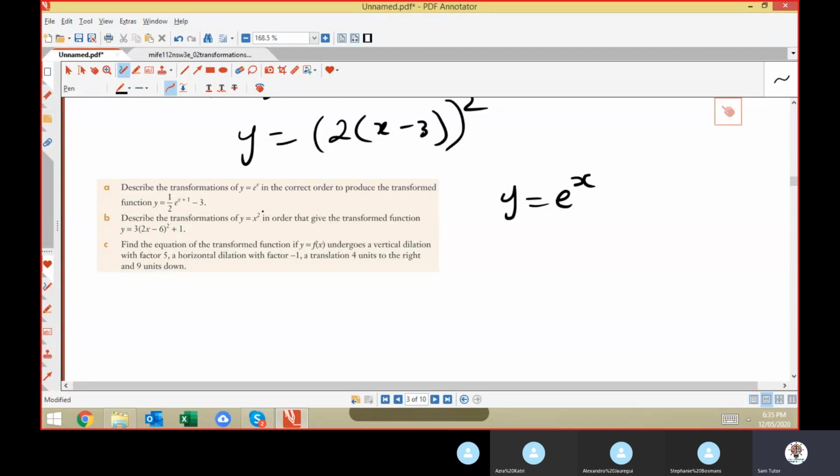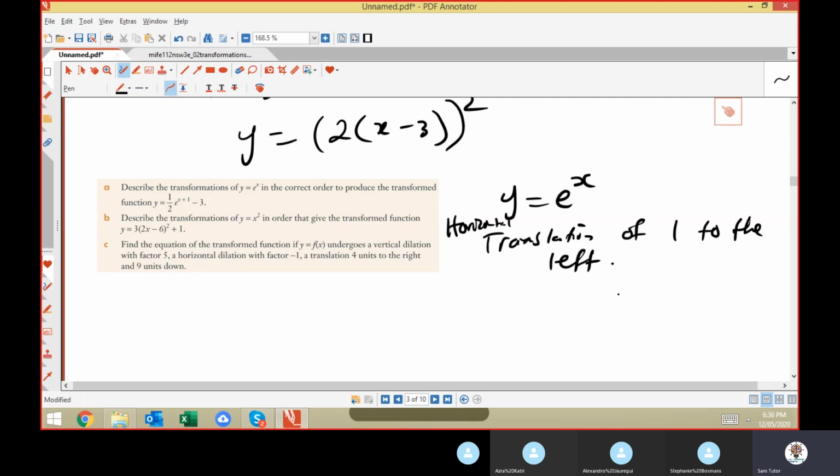First, it's attached to the x, so I would do a translation of 1 to the left, right? A horizontal translation, maybe you want to write.